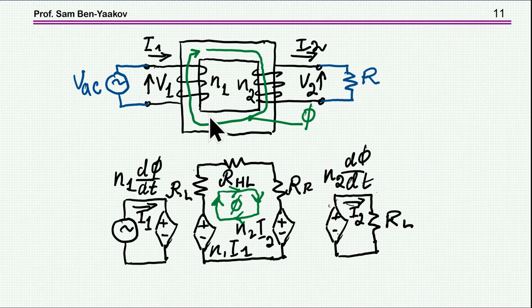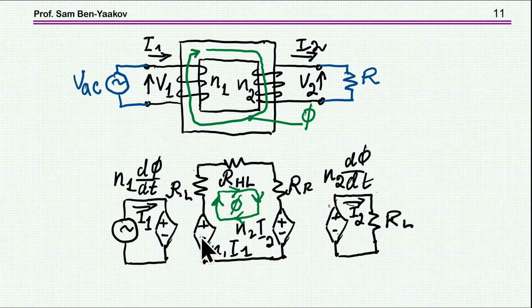So using this technique, we can describe the transformer with 2 windings by this reluctance equivalent circuit. Here we have the excitation coming from here. We have the back EMF or induced EMF as a voltage source depending on the dphi/dt within the reluctance path here.